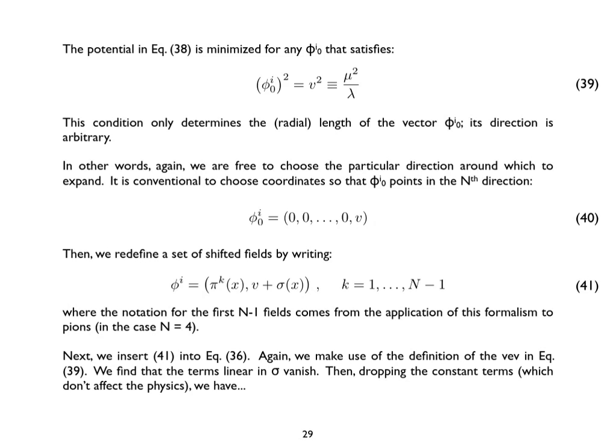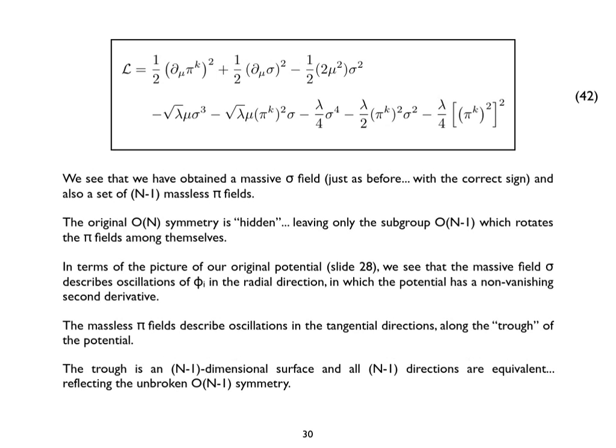You get a kinetic term, a sigma squared term, a pi squared term, and linear terms, but the coefficients of those conspire to cancel each other off, so there are no linear terms of the field. You end up with a Lagrangian that looks like this, plus some constants that I've just dropped.